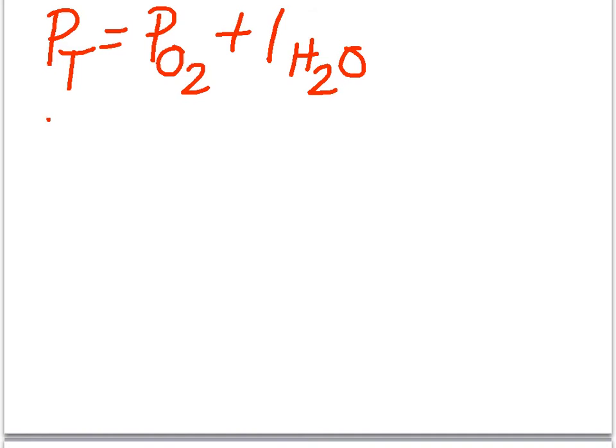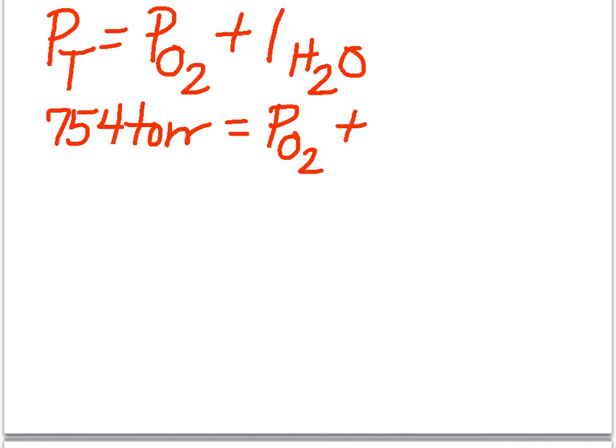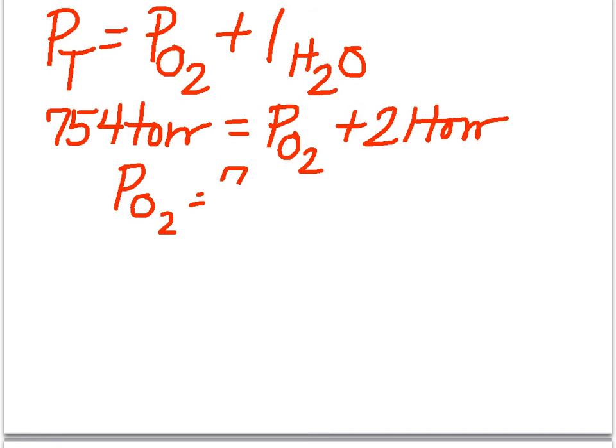We have 754 torr, and that's equal to the pressure of the oxygen, which we're looking for, plus the 21 torr, which is the pressure of the water. We're going to subtract 21 torr from both sides, so 754 minus 21 gives us a pressure of oxygen that is 733 torr.